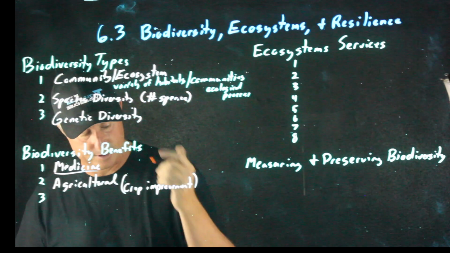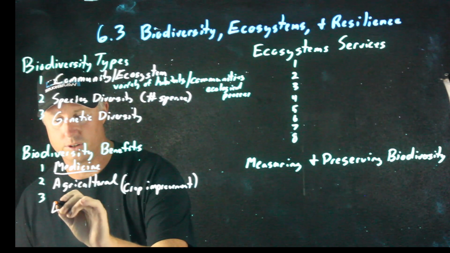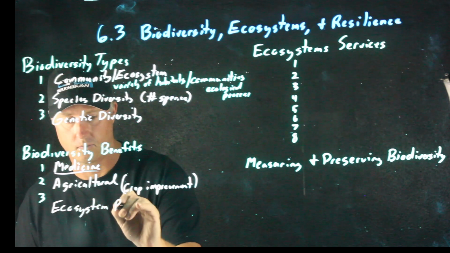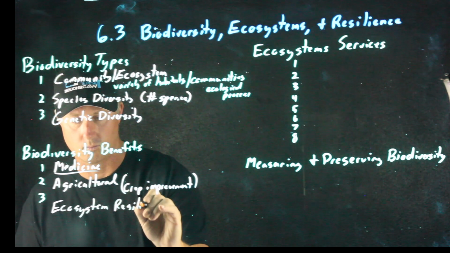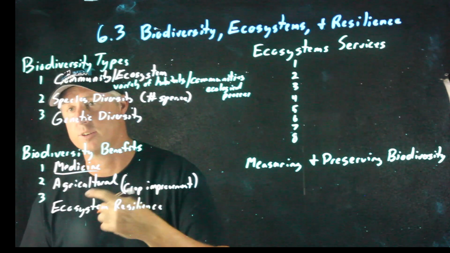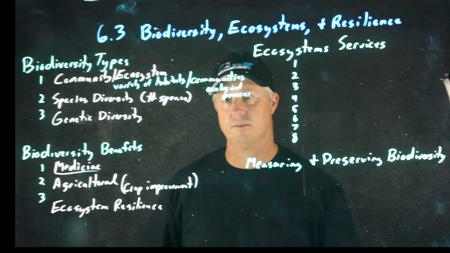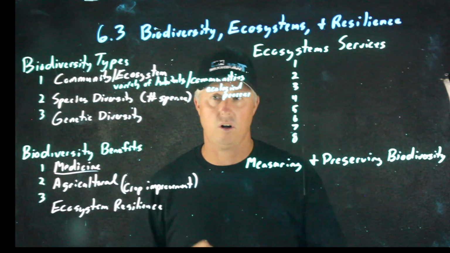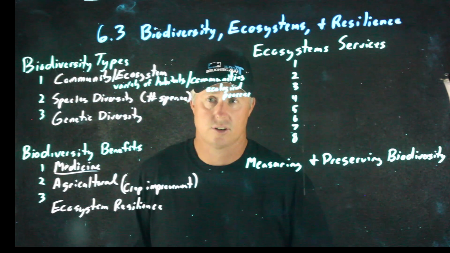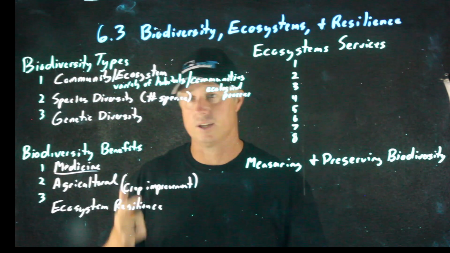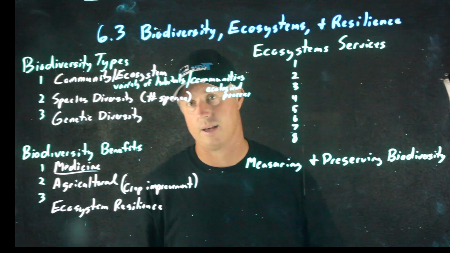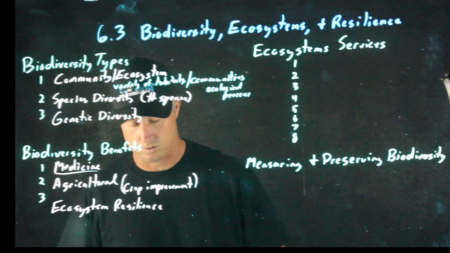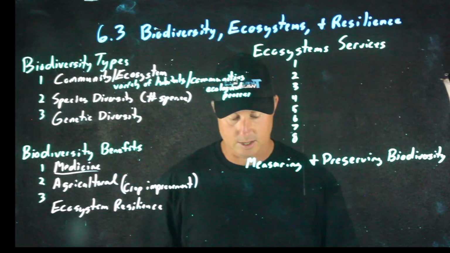We also have just ecosystem resilience. We just talked about succession. The more creatures in it, the more likely that this ecosystem, after a disturbance, and all ecosystems are going to have a disturbance at some point, can rebound and get right back to its climax or the perpetuation of it to last.